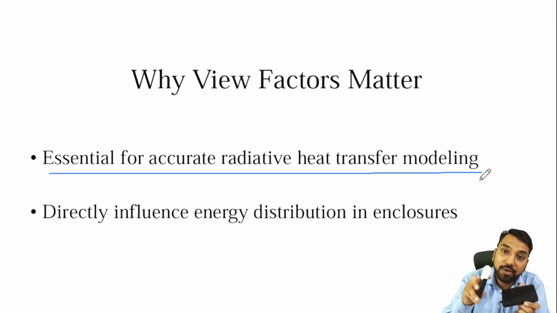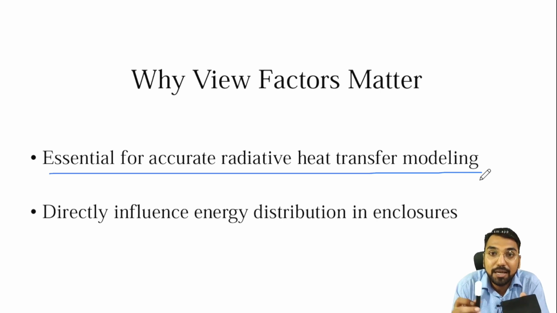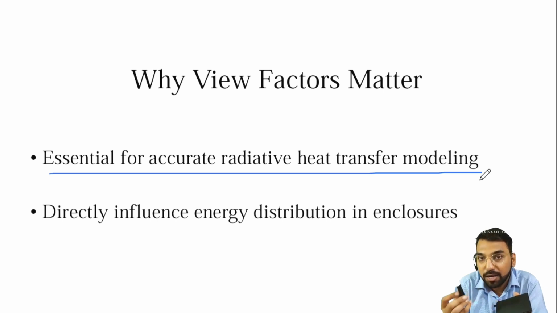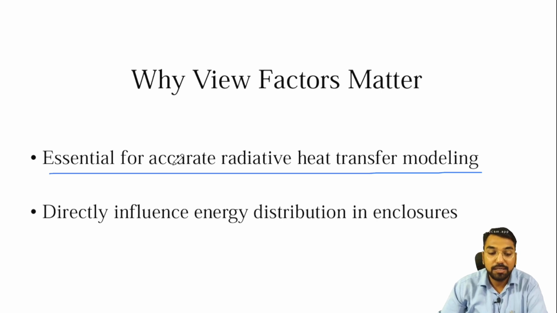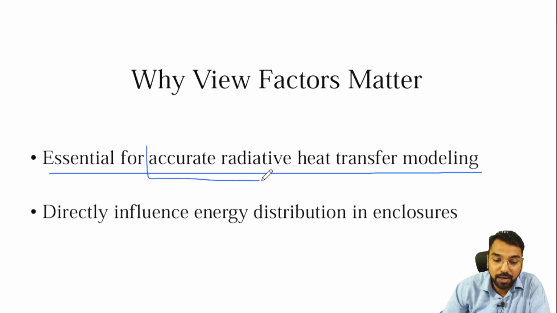I have to calculate this very precisely in certain engineering applications like spacecraft, furnaces and boilers, to have control on heat transfer. So the fraction of radiation energy that is going to transfer from one object to another according to their surface area is essential for accurate measurement of radiative heat transfer.